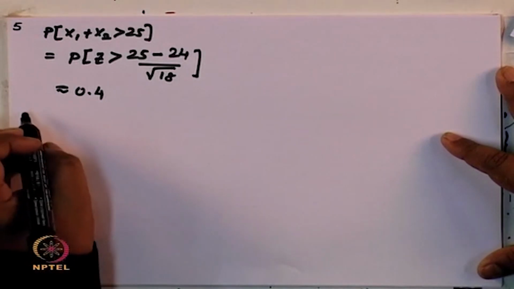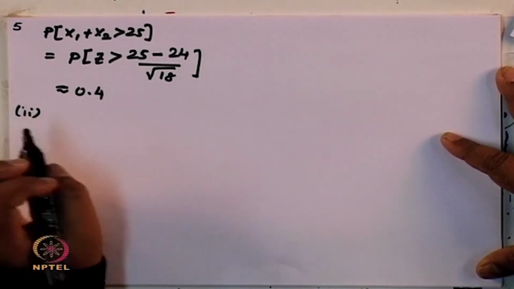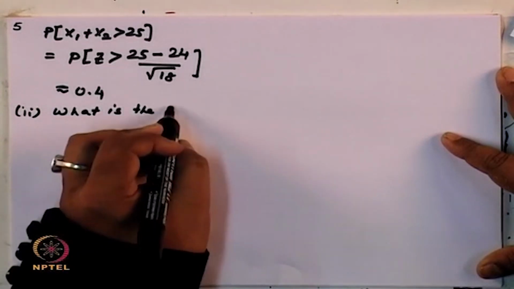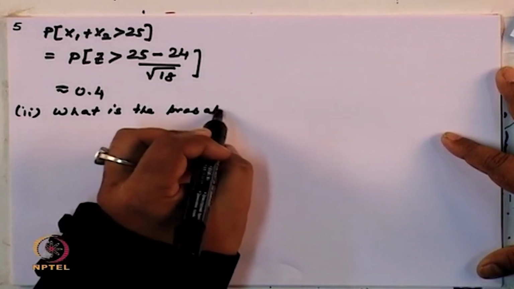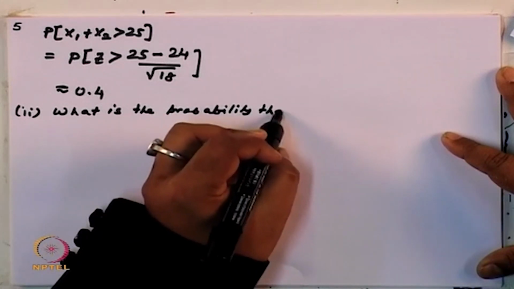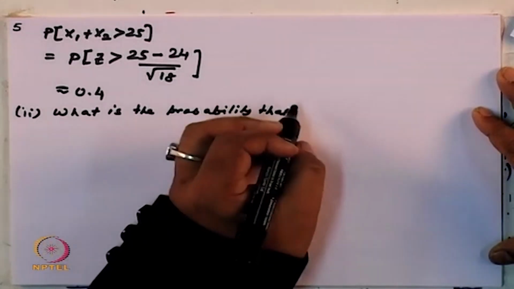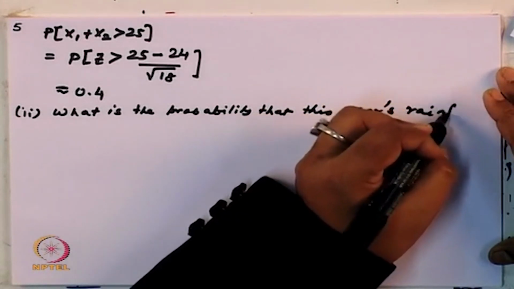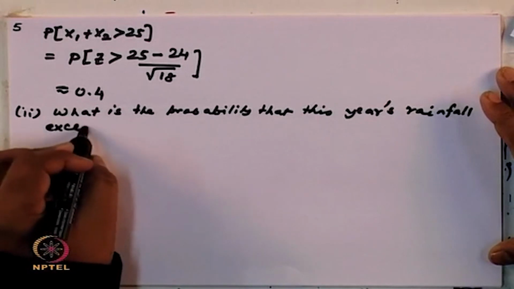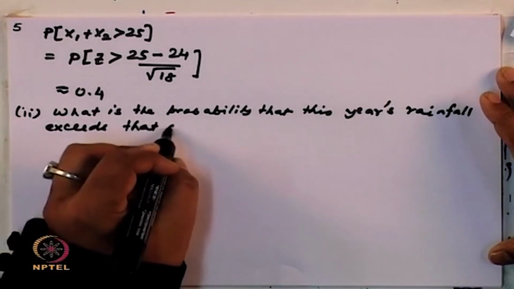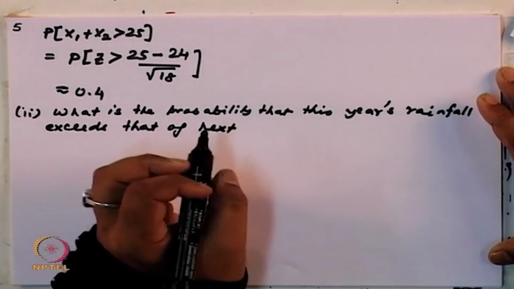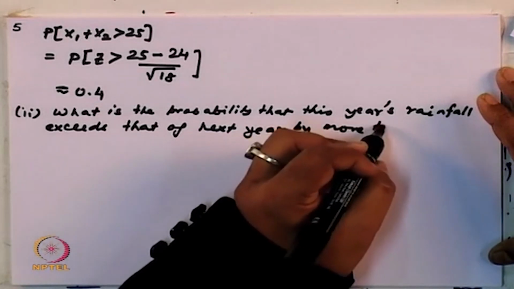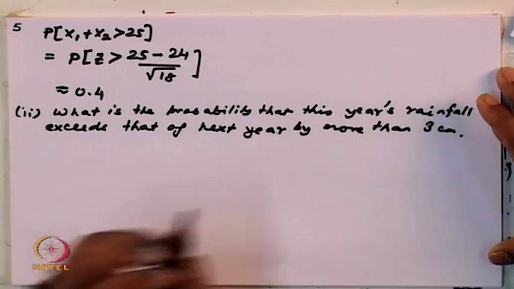We can ask another question. Let us take another question: what is the probability that this year's rainfall exceeds that of next year by more than 3 centimeters?